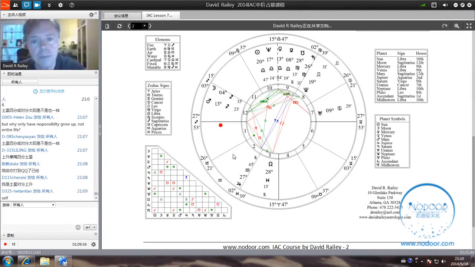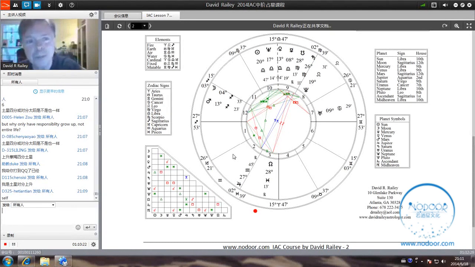Let me give you an example. When I was between the ages of 14 and 15, let's say 15, we know that Saturn has a full cycle of 29 to 30 years, don't we? So when I'm 15, Saturn is opposite where it was when I was born, down here at 26 degrees of Pisces.